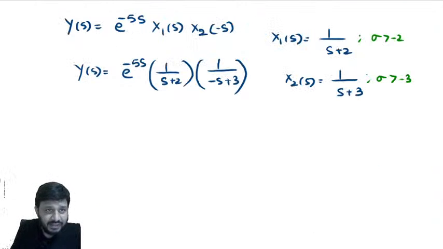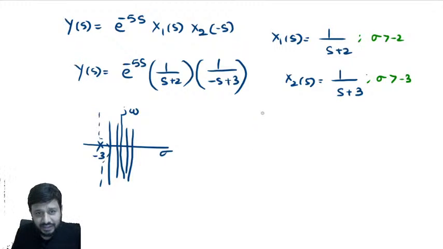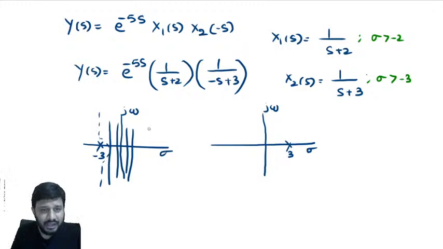Look here. Suppose sigma greater than minus 3 is the ROC. Now what is the reversal? Reversal means, look here, the pole at minus 3 will become the pole at 3 and the right sided ROC becomes left sided.